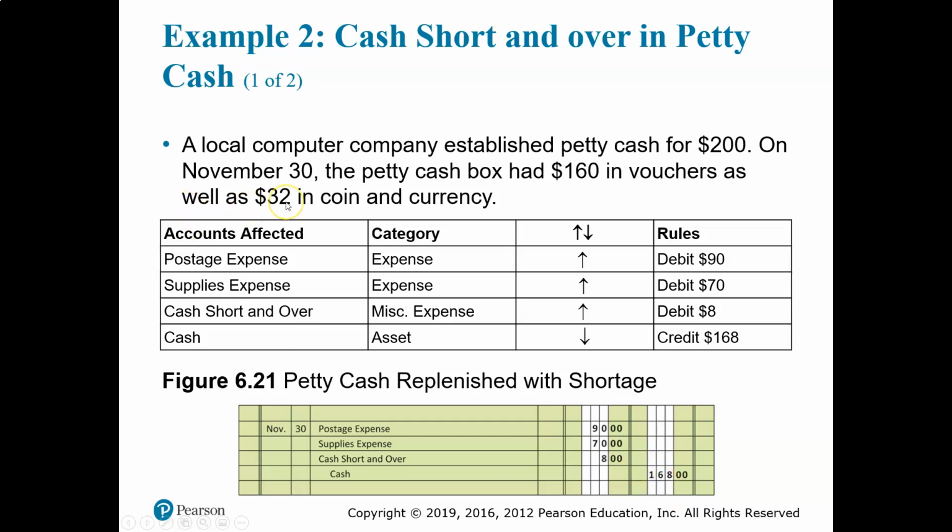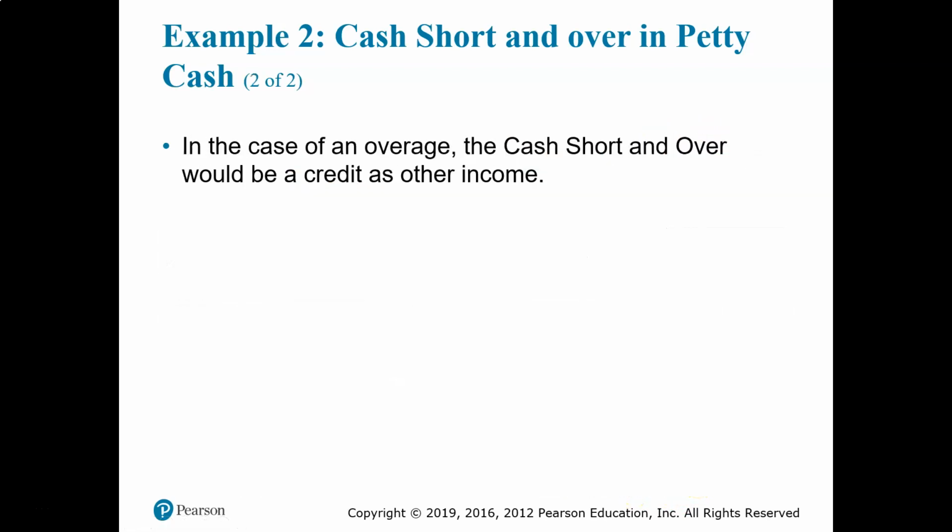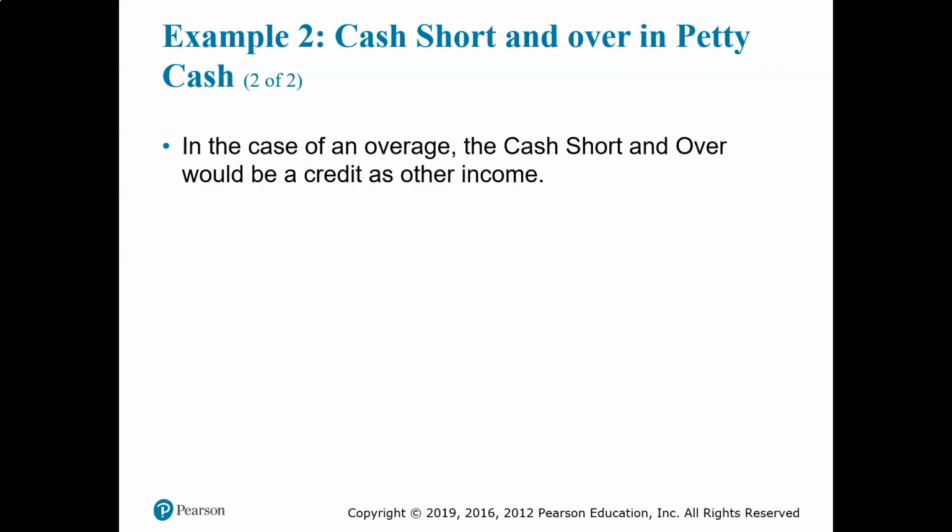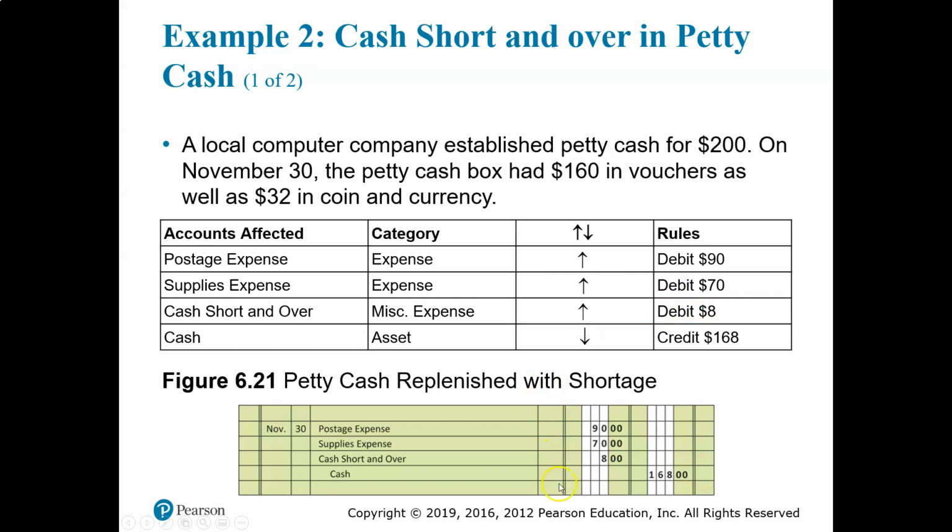If we had $32 in coin, the difference between $200 and $32 is the $168 that we have to replenish petty cash. Okay, in the case of an overage, the cash short and over would be a credit as other income. There's no example of that, but your cash short and over would be over here if you had an overage. Okay, so make sure you study this.